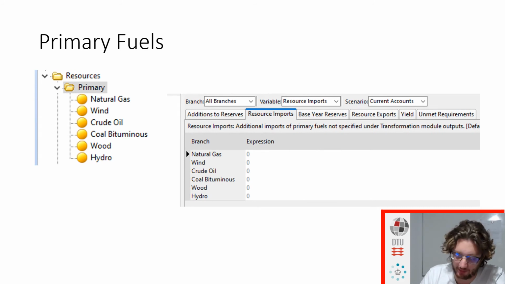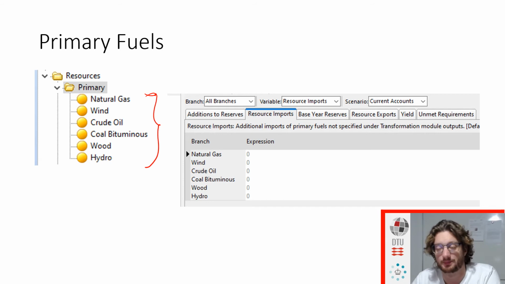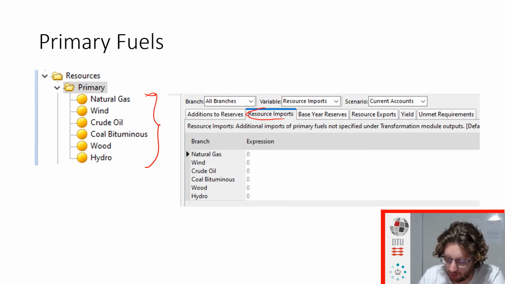Again, our primary fuels is either mined, or whatever you do with the wood, or it's a renewable resource. So here again, you can say what you want to force import, and also force export.